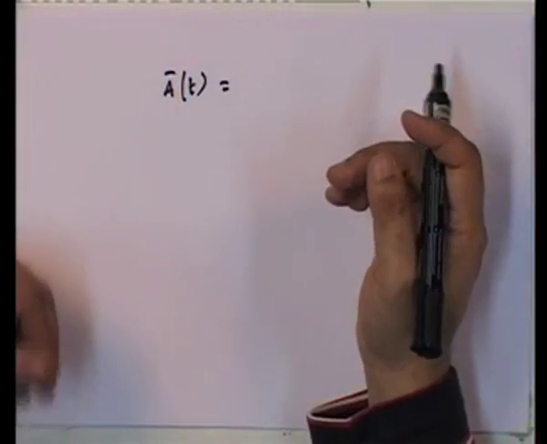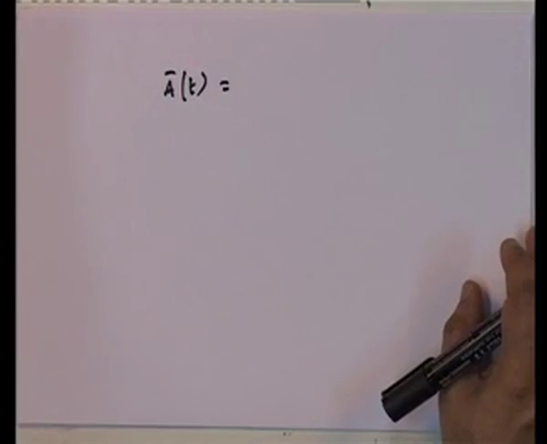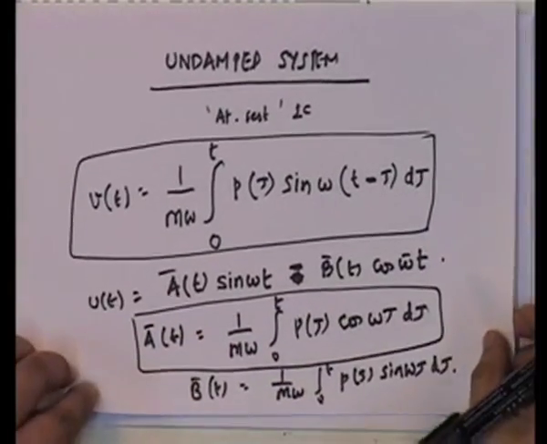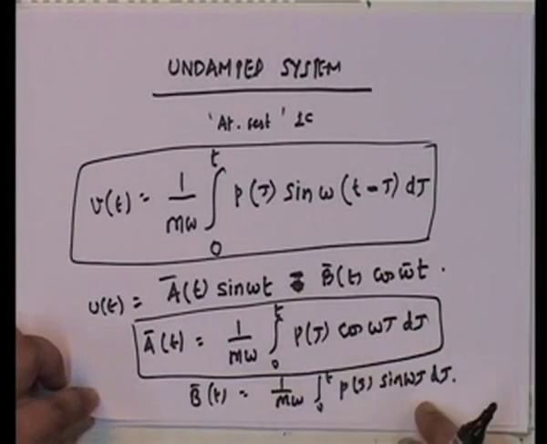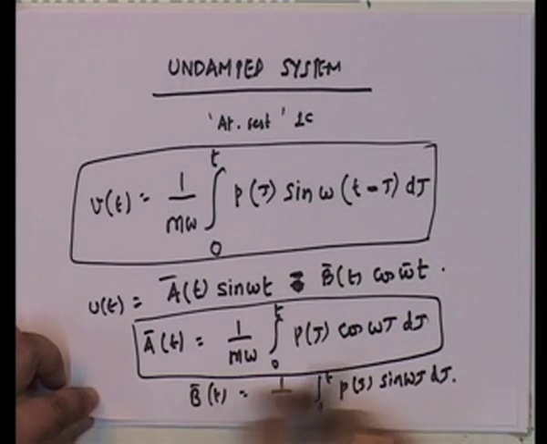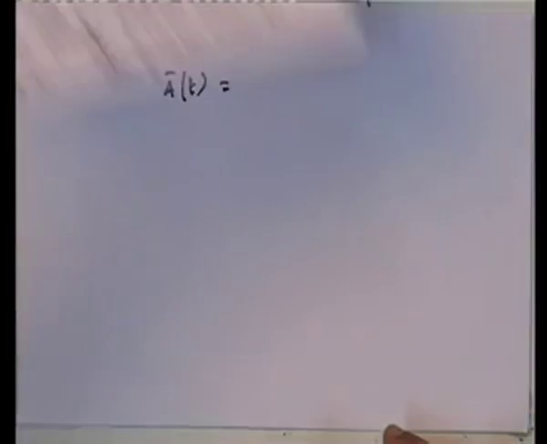I can say that if I use any summation approach, I can write a bar, and I am only going to derive for a bar. All that happens is you just have to replace cosine omega t, because the only difference is that here it is cosine omega t, while for finding b you just have to replace it with sin omega t.